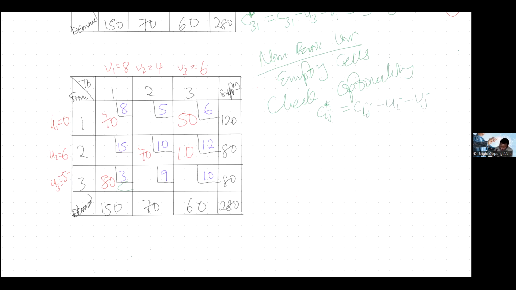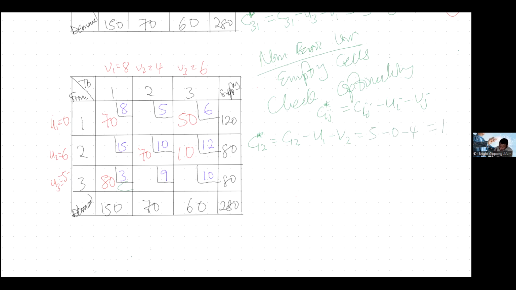So let's check the first one, C12. C12 asterisk is C12 minus U1 minus V2. So what is C12? C12 is 5 minus 0 minus 4, and that is 1.